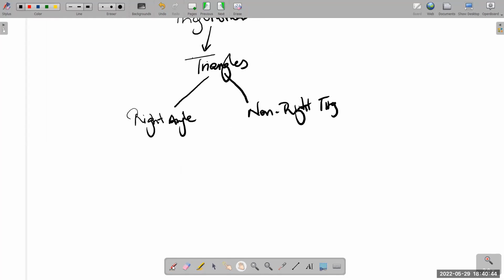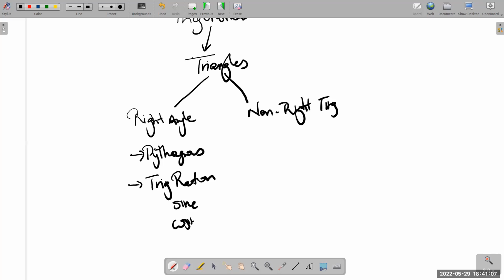The right angle triangle has specific rules. These are the only rules that you use for the right angle triangle. That would be 1, the Pythagoras theorem, and 2, the trig ratios. And when we say the trig ratios, what do we mean? Sine, cosine, tan. When we talk about the Pythagoras theorem, you should remember it out your head.